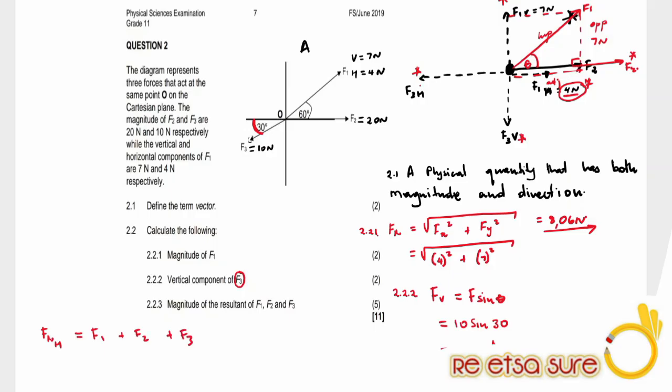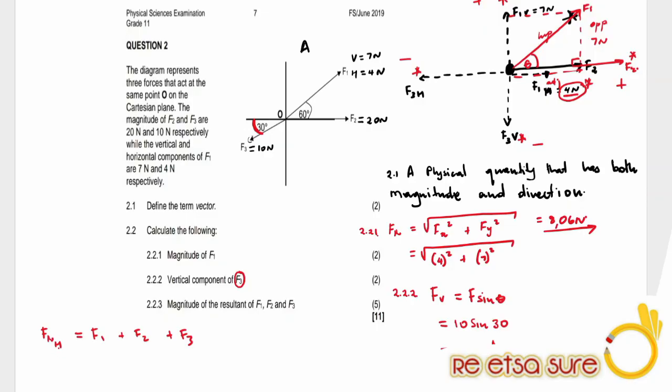Direction is also important. The forces that are facing to the right, let us take them as positive, and the ones moving to the left, let us take them as negative. Even the forces that are moving upward, let us take them as positive, and the ones moving downwards, as negative.